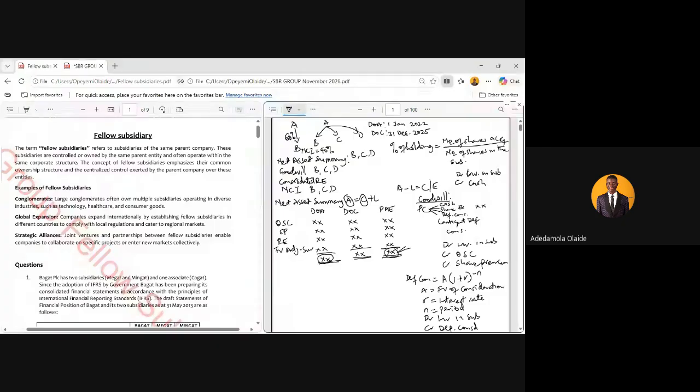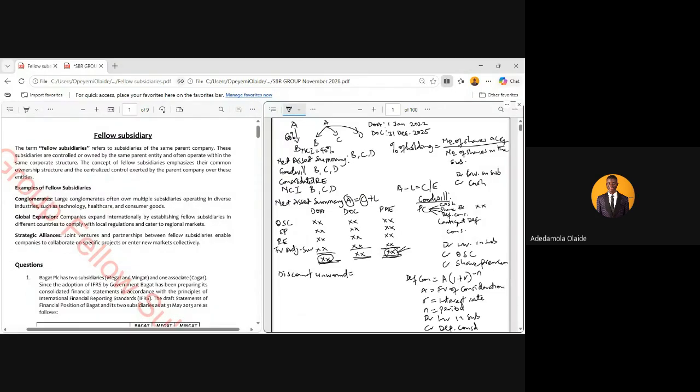Now, because we have discounted the value to today's terms, at the end of each year we will be calculating what amount of interest should have accrued on this outstanding. We call that discount unwound.